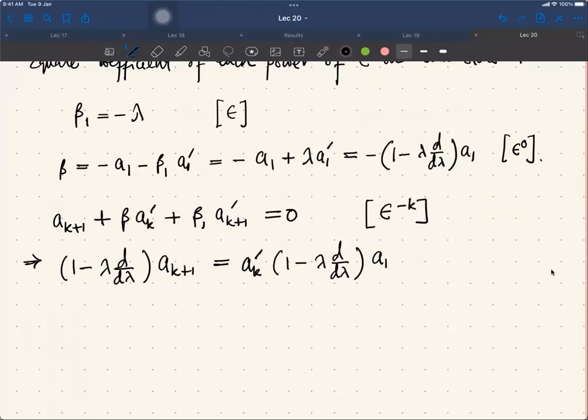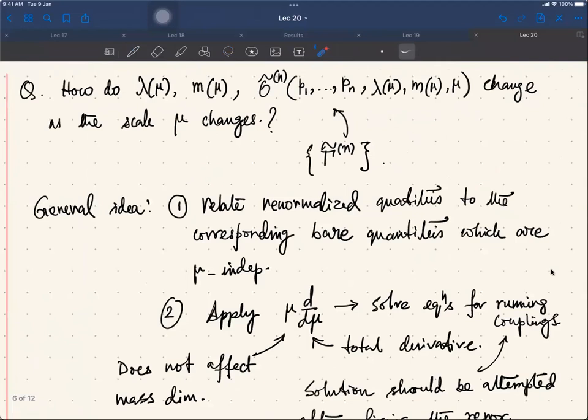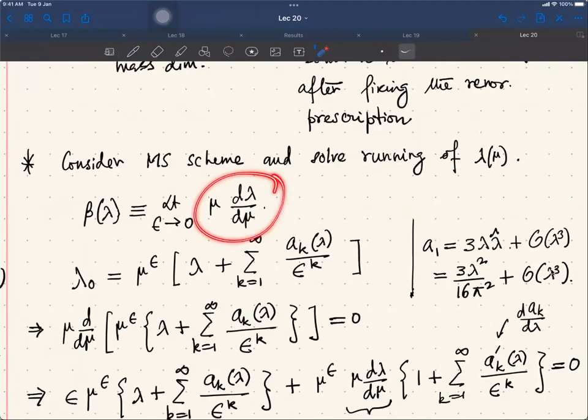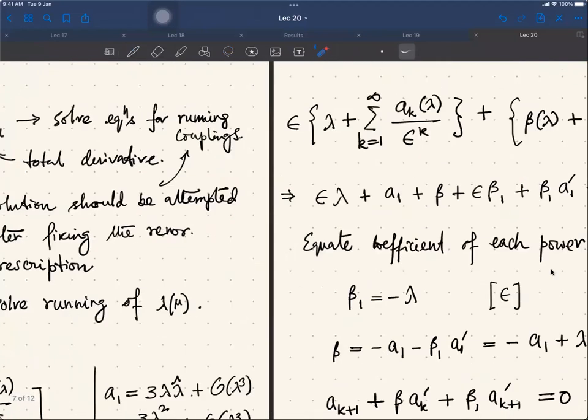So first of all, if we know what A1 is, A1 has a lambda expansion, of course. If we know what A1 is, beta is given by, beta is defined to be mu d lambda d mu.